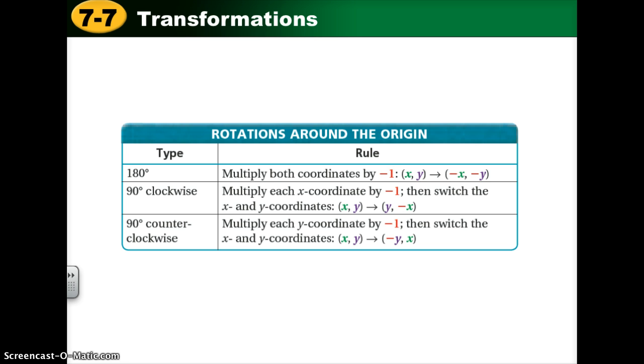We multiply both the x-coordinates and the y-coordinates by -1. If we move 90 degrees clockwise, multiply the x-coordinate by -1 and then switch them. If we go 90 degrees counterclockwise, we multiply the y-coordinate by -1 and then switch those. It will be helpful to have these rules in front of you as you're working.